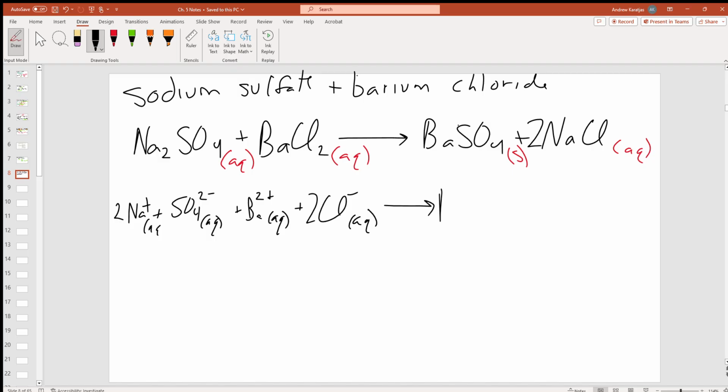Barium sulfate, because that's solid, that stays together. And then the sodium and chloride ions of sodium chloride will dissociate as well.